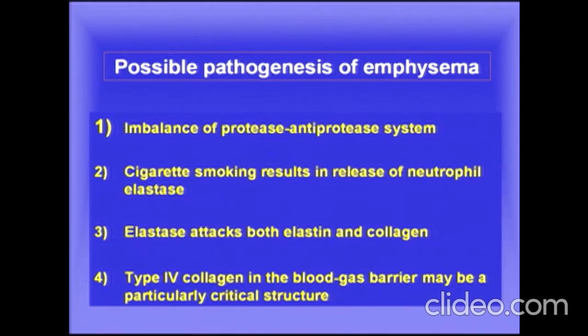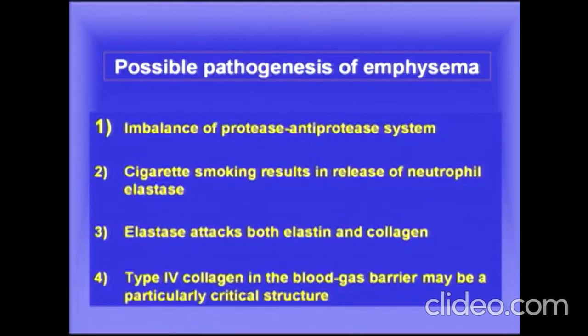We know, for example, that cigarette smoking results in the release of neutrophil elastase. Neutrophils contain large amounts of elastase because they use the enzyme to break down bacteria and so on that they engulf.